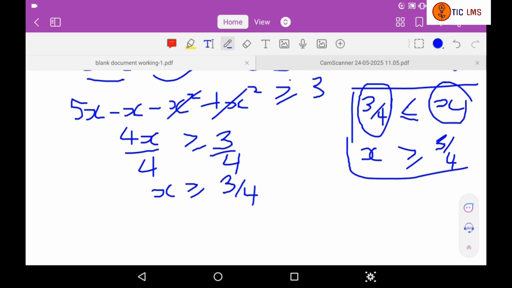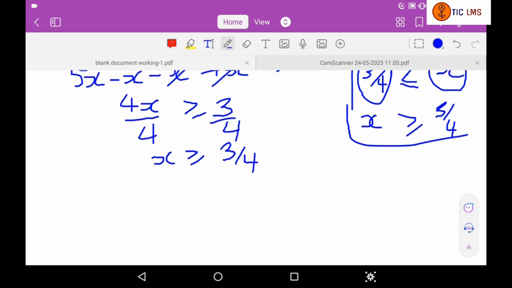So now let's consider the values that are greater than or equal to 3 over 4. Now, if you are confused about what the values are, a very good way for you to solve that is to draw the number line, and then you consider the values that are on the right side of 3 over 4. By the way, if this is 0, this is 1, this is 2, 3 over 4 is closer to 1.